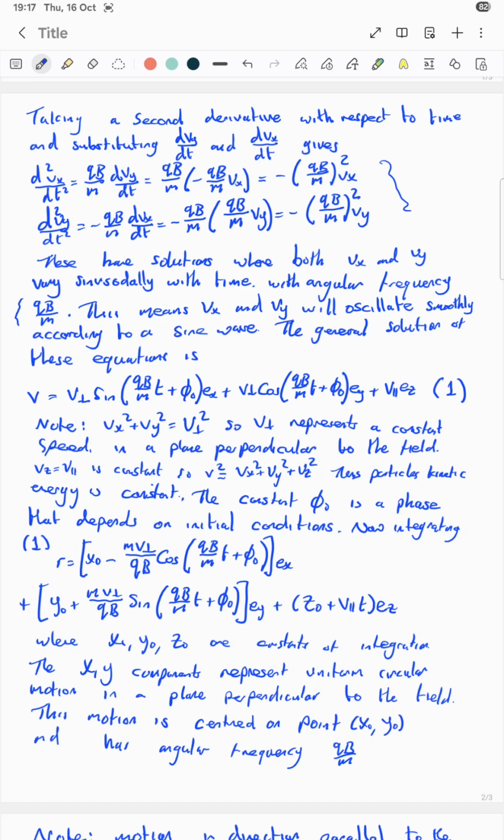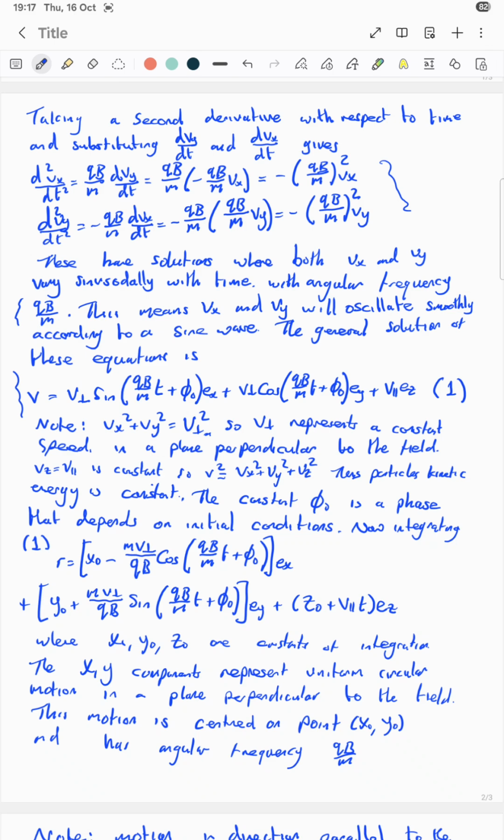The general solution of these equations is here. We note that vx squared plus vy squared equals v perpendicular squared. So v perpendicular represents a constant speed in a plane perpendicular to the field. vz equals v parallel, which is constant.